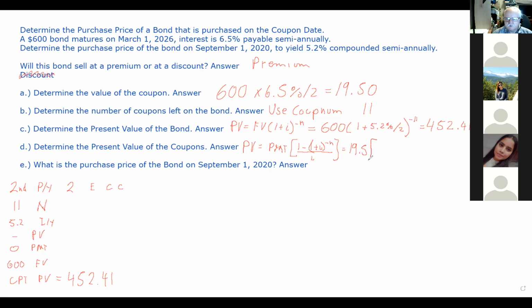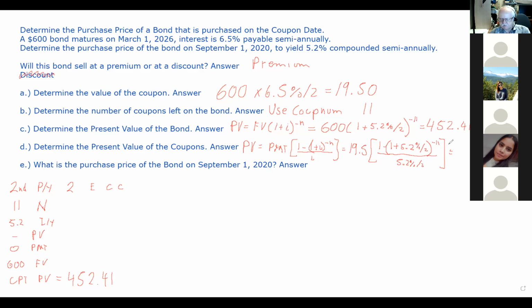19.5 times 1 minus 1 plus 5.2% divided by 2, to the power of negative 11, all over 5.2% divided by 2. I'm going to do the 5.2% first. 5.2% divided by 2.